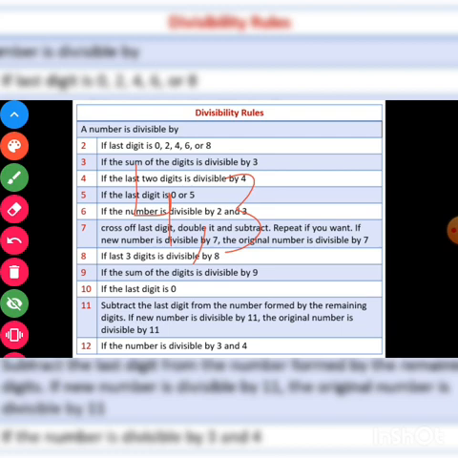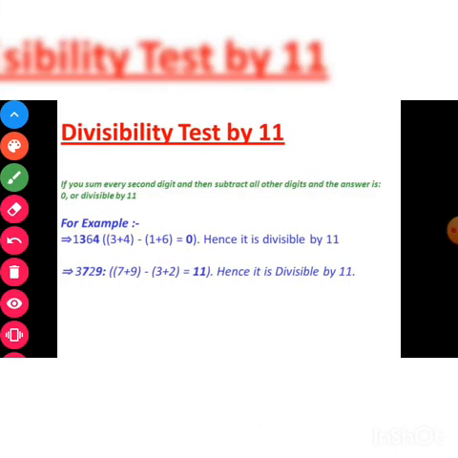Now let us study the divisibility test of 11. For the divisibility test of 11, if we add the even places and the odd places and the difference is equal to either 0 or a multiple of 11, then we say that the number is divisible by 11.